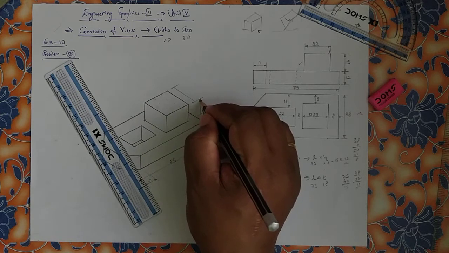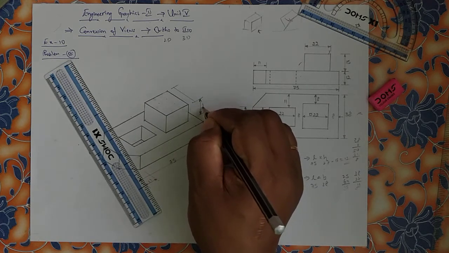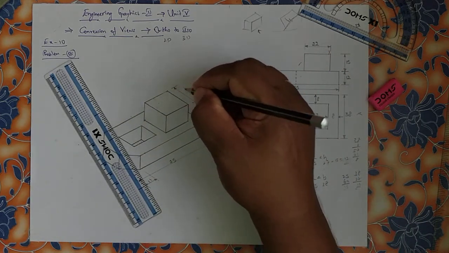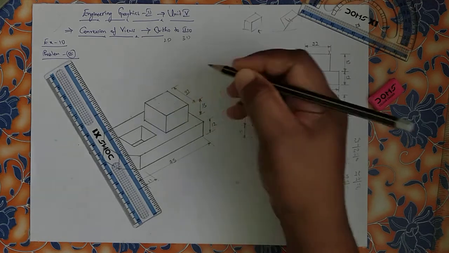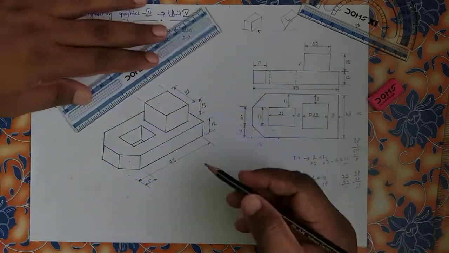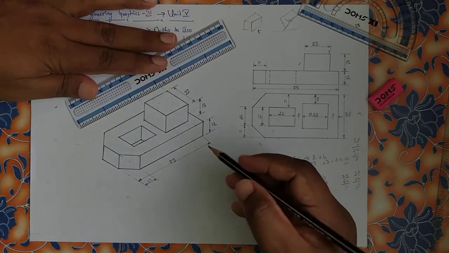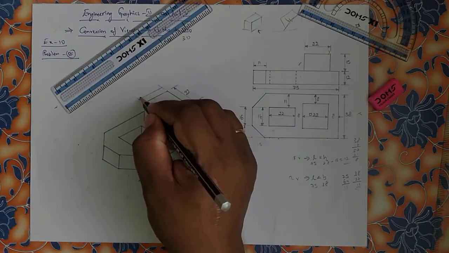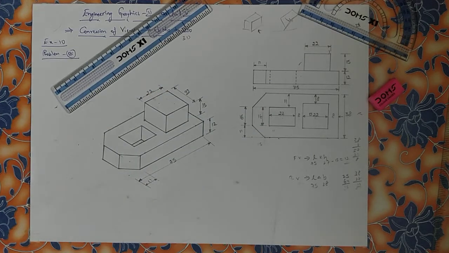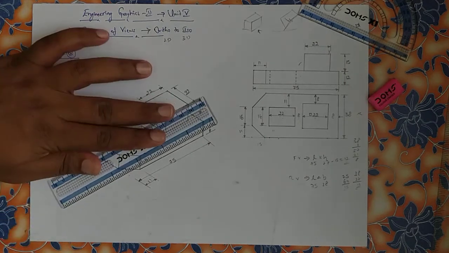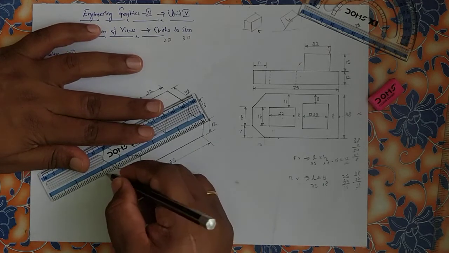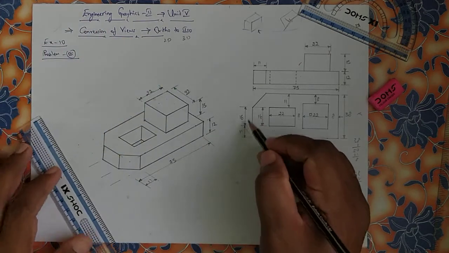Of 12, 15, this box 22 by 22, almost everything is supposed to be shown clearly. This 16, 11.